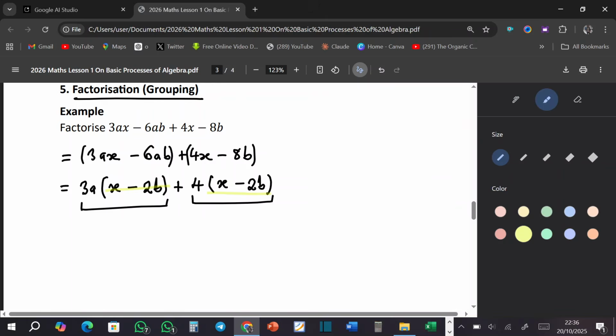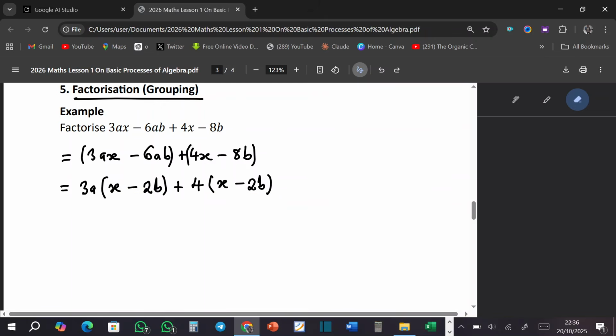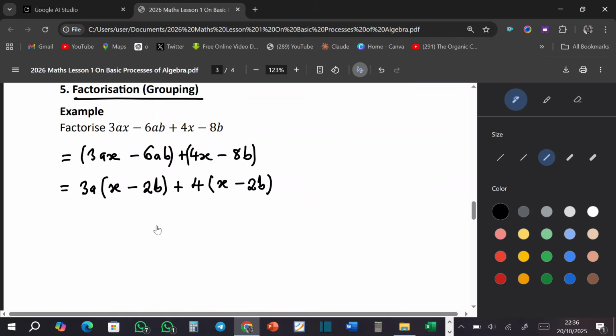So you factor them out as well. That is how it should be. So those which are common, you factor them out. So how do you do it? You say, on this side I have x and minus 2b also on that side. So you factor them out, x minus 2b, then you put these in brackets.